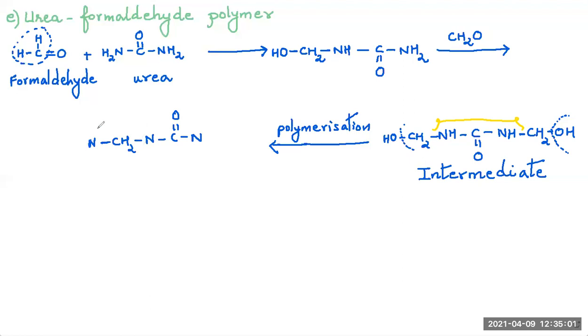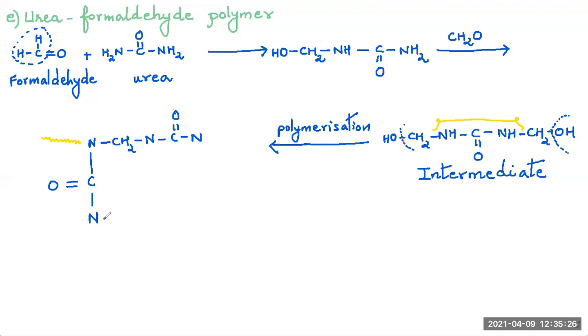H goes along with the OH and makes another bond, and here what will come again? NCON. Again down, what will come? NCON. So from the urea we take NCON, and from the formaldehyde H2 goes.